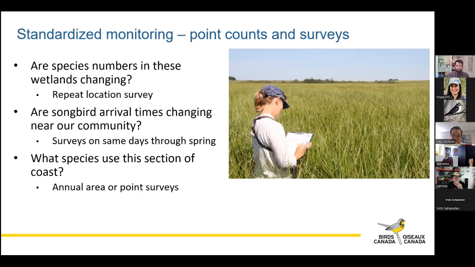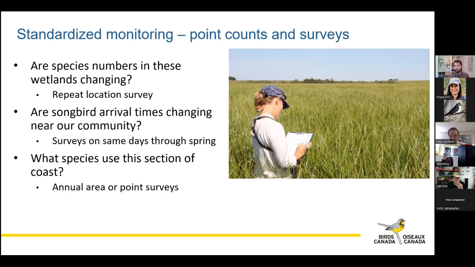So one of the most common techniques with standardized monitoring is point counts and area-based surveys. These can tell you things like, are species numbers changing in a certain wetland, for example. So you're doing repeated surveys at the wetland location, or are songbird arrival times changing near our community?